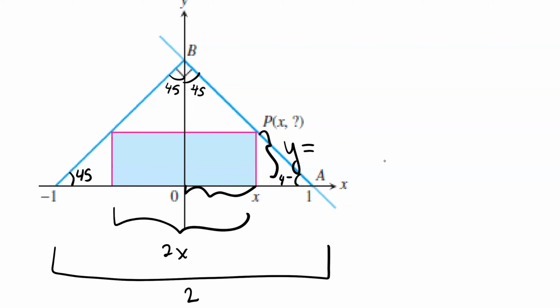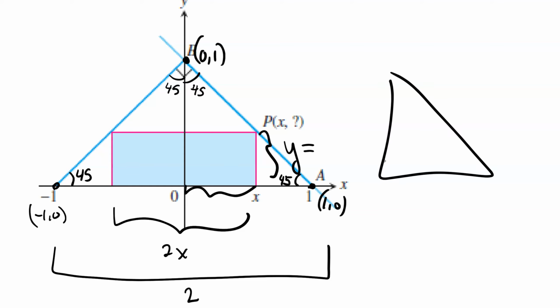Oh, okay. So I know that this point is at 0, 1. I know that this point right here is 1, 0. This point is negative 1, 0. Because it's a 45-45 triangle. Right? So the triangle that's like this, total length across 2, this length has to be 1, which means this length is 1.